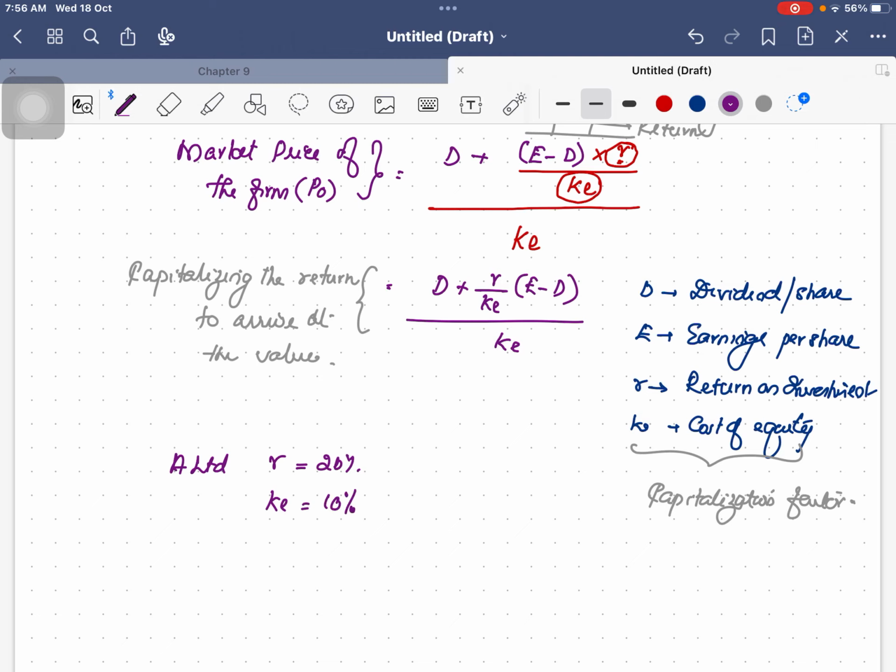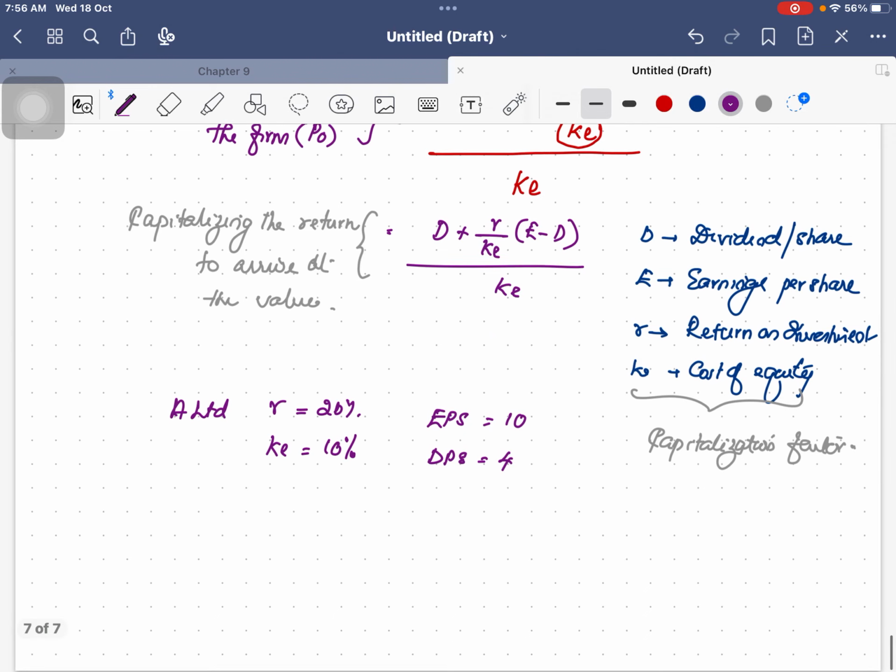Suppose it has an EPS of 10 rupees and a DPS of 4 rupees. Whatever EPS it has, that 10 rupees can be reinvested to get a return of R%, that is, you can get a return of 2 rupees by reinvesting 10 rupees.